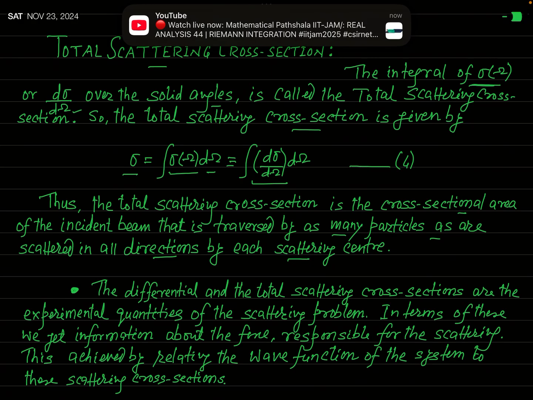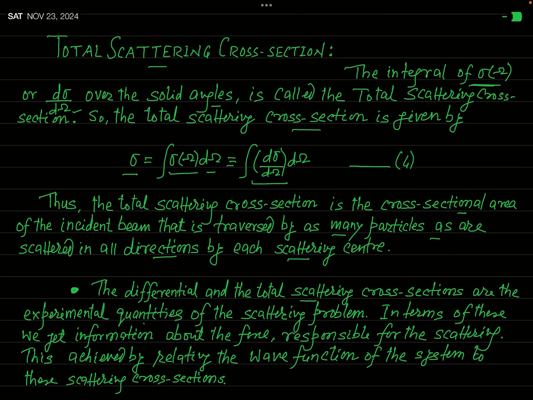Actually, as I have told you earlier, the differential and the total scattering cross section are the experimental quantities of the scattering problem. And in terms of these we get the information about the force which is responsible for the scattering.